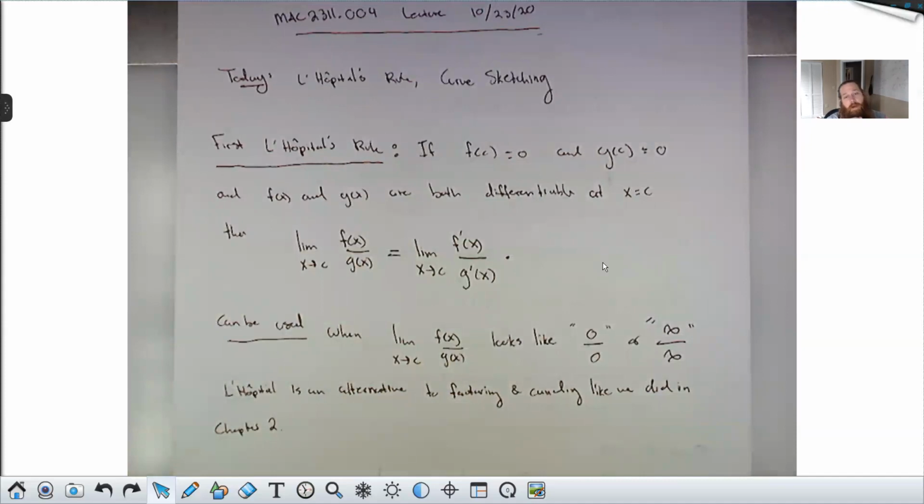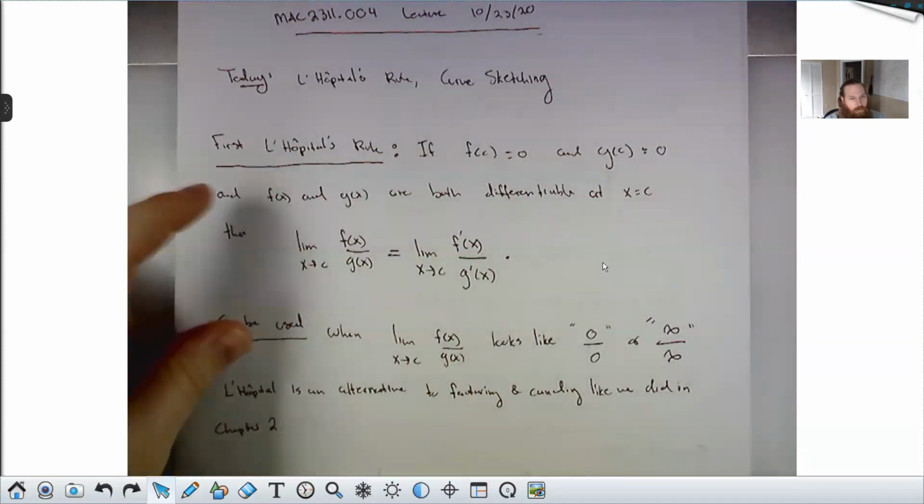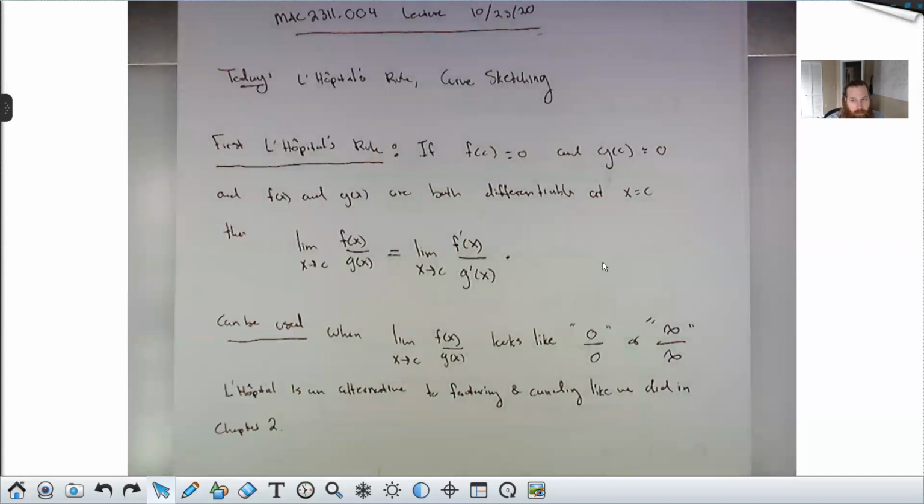Sometimes we needed to multiply by a conjugate, sometimes it was something else. But what this does is it provides an alternative to that process. Now, I couldn't have showed you this back in chapter 2 because we didn't know how to take derivatives yet. Chapter 3 taught us how to take derivatives using differentiation rules. So now we can come full circle and return to limits of that style and take them using L'Hopital's rule.